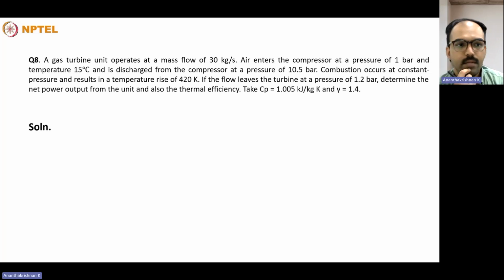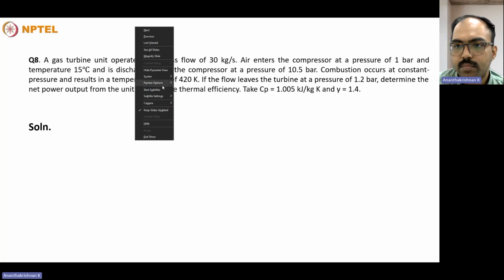So in this particular problem, combustion occurs at a constant pressure and results in a temperature rise of 420 Kelvin. If the flow leaves the turbine at a pressure of 1.2 bar, determine the net power output from the unit and also the thermal efficiency. So it's slightly trickier compared to the previous problem.